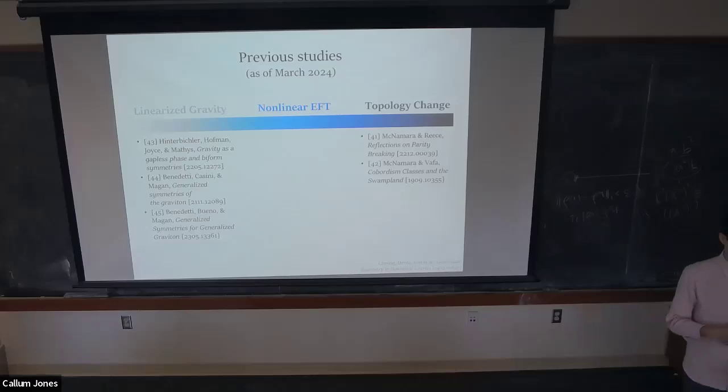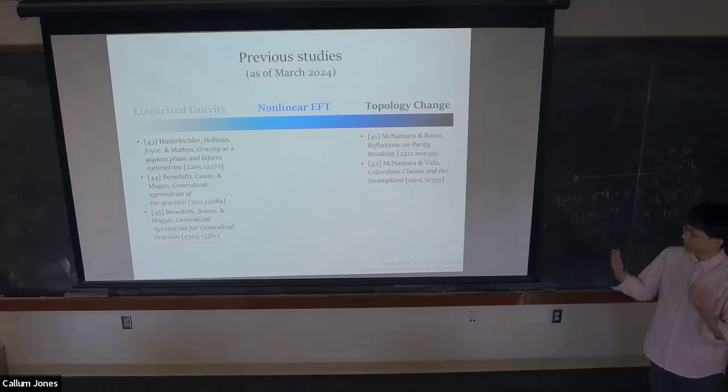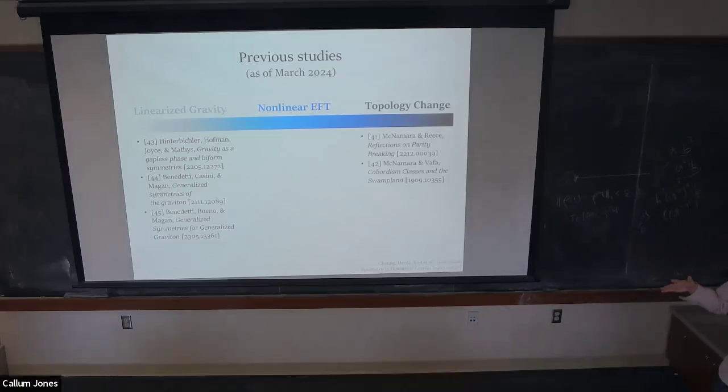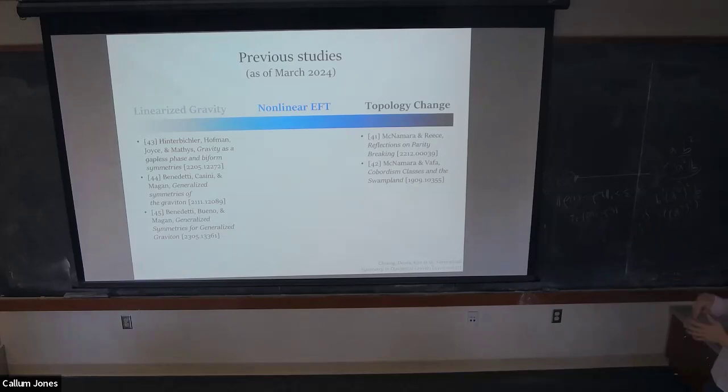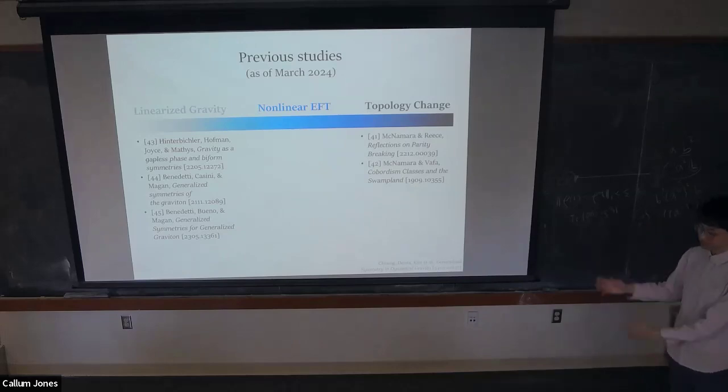There have been a lot of works on linearized gravity, namely under the name of bi-form symmetries. But they are all restricted to the linearized level, while there are also works discussing higher-form symmetries in the context of true non-perturbative quantum gravity with topology change.